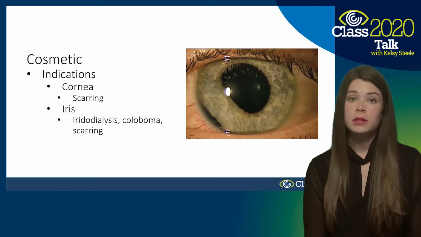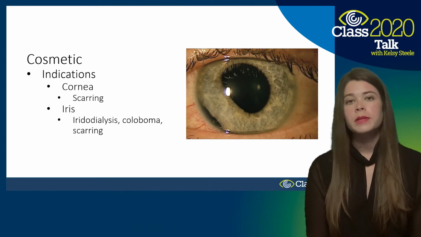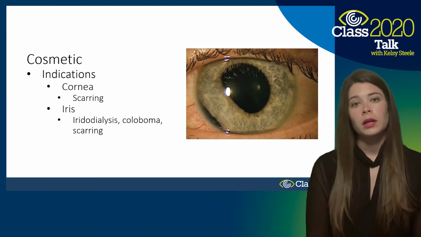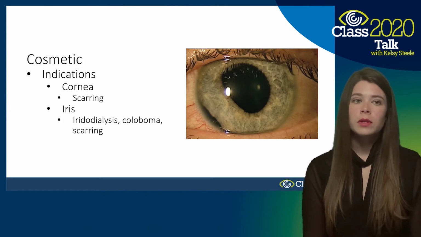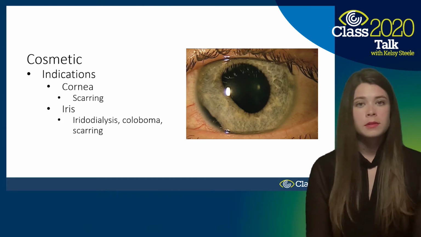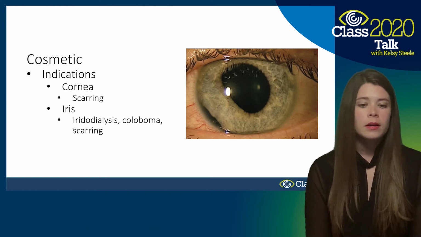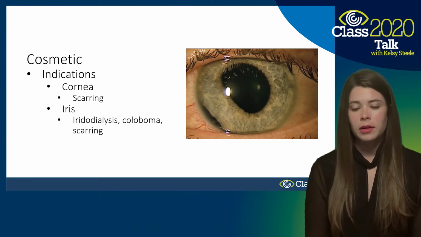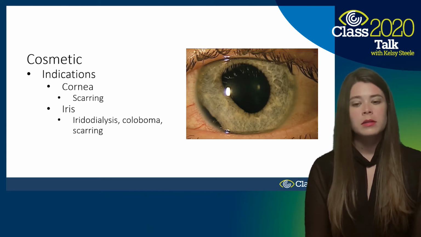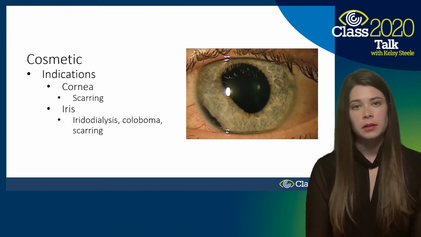So who would we use this with? Some of the indications besides just cosmetic would be scarring of either the cornea or the iris. So if you have one that's a little bit more peripheral and maybe not so large and dense, this might be an appropriate option. As well as if you have defects on the iris. So the picture here is somebody who has an irregular pupil as well as iridodialysis near the limbus.